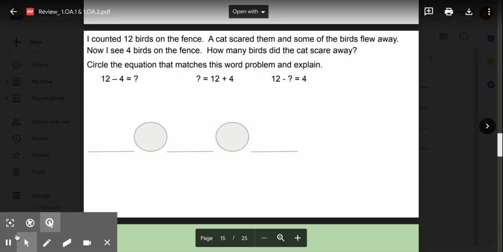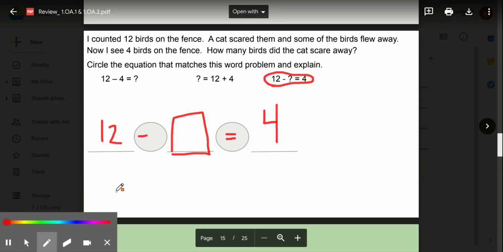Ready? Pause. All right, if your equation looks like mine and you have this last equation circled, then you are correct. Let's reread our story problem and make sure it matches up with what we have written down. I counted 12 birds on the fence. A cat scared them and some birds flew away. I know I'm subtracting because it says they flew away.